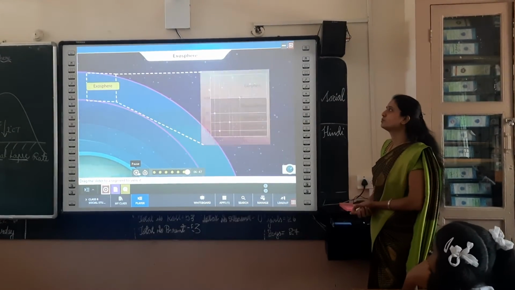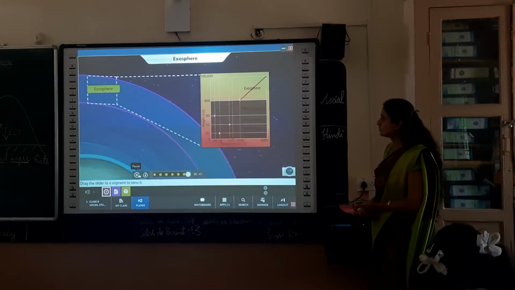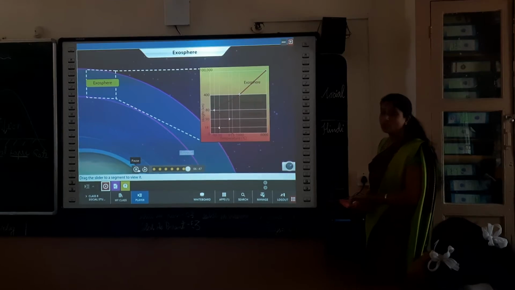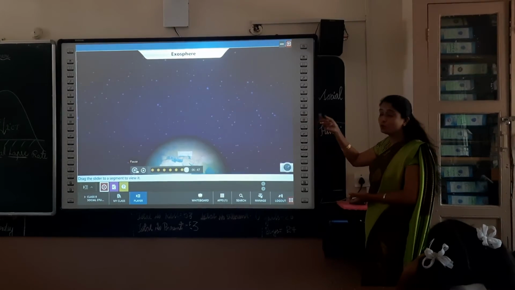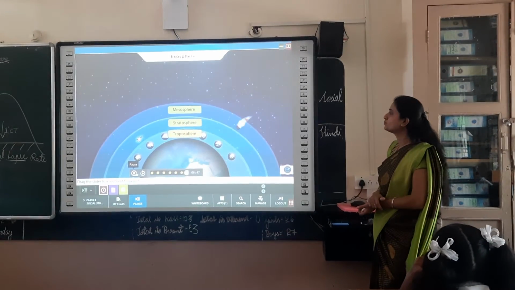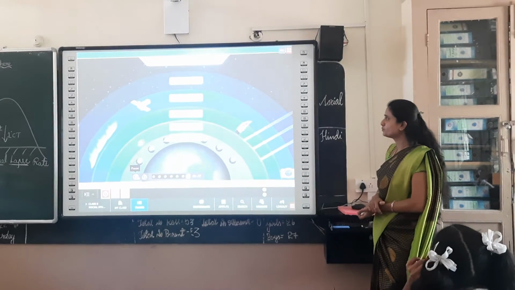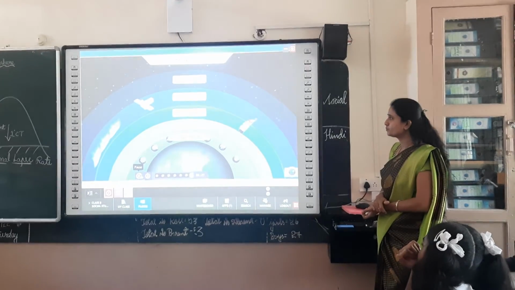The temperature rises to about 6000 degrees Celsius at its outer limit. See this graph showing how temperature changes. You can see that the Earth's atmosphere comprises many layers. These layers influence life on Earth through their various elements.